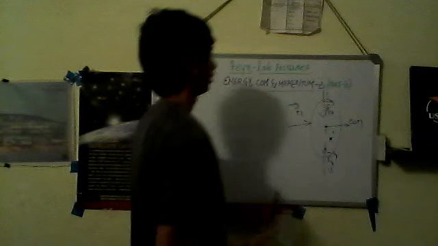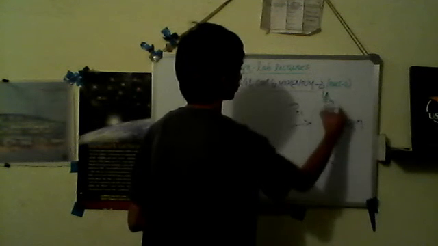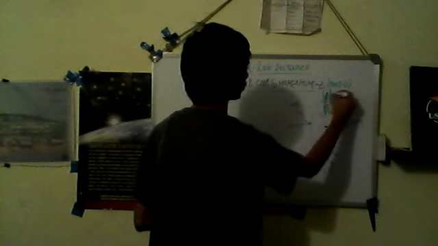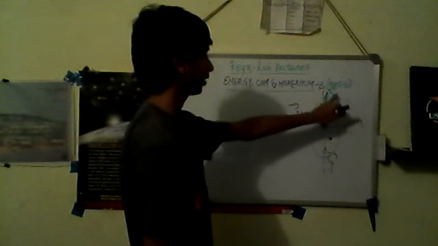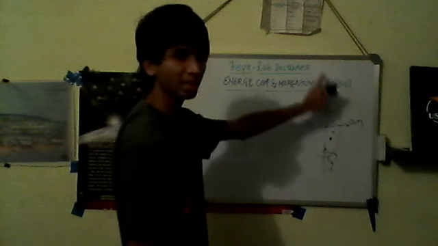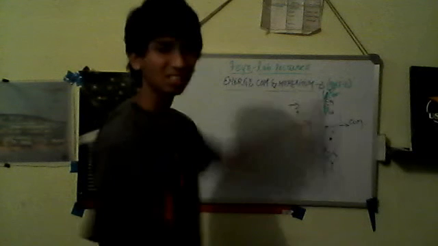Here is one special case. Say one of the components of the external force, F external, along this axis is constant. If the external force is constant along this axis, then the linear momentum along this axis is also constant.